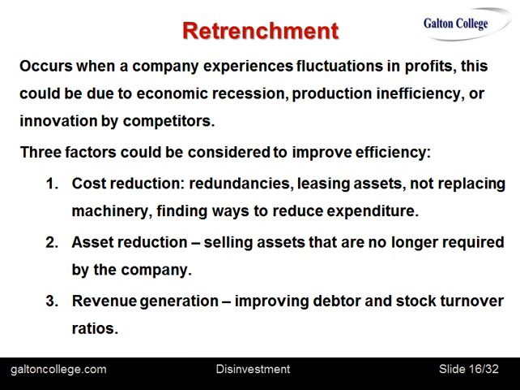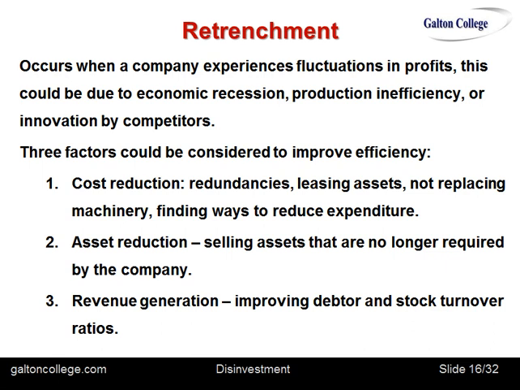Revenue generation. Looking at the accounts and seeing what improvements can be made to accounting practices. For example, paying debts, paying off bills, perhaps delaying the payment of bills until they are absolutely due at the end of the month. Instead of paying them after 3 weeks, pay them at the end of 4 weeks. It improves cash flow.